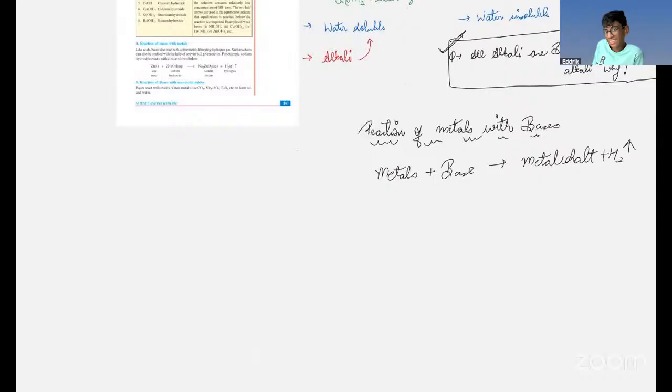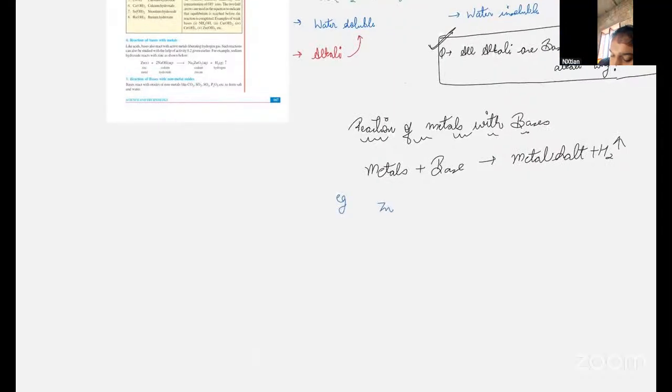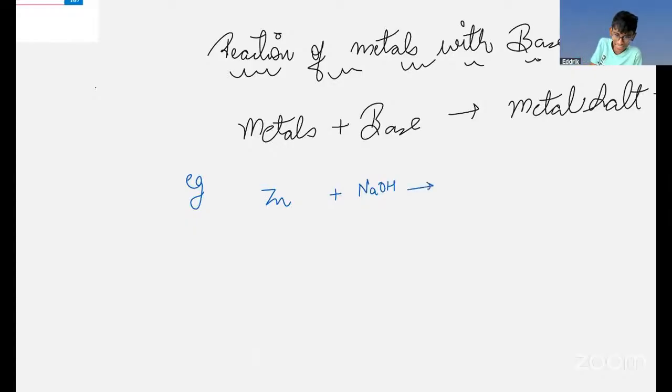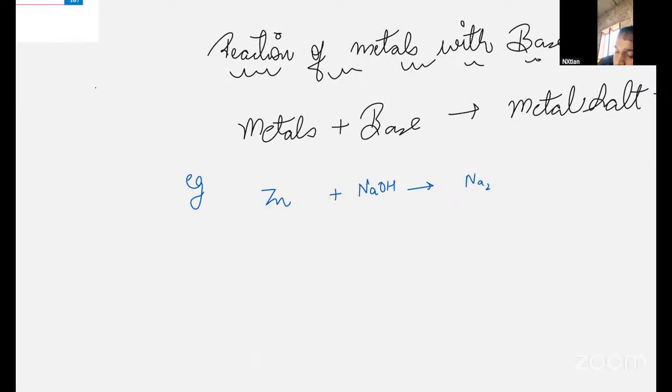So metals like zinc, for example, zinc when reacting with NaOH gives sodium zincate, Na2ZnO2, plus hydrogen gas will release.